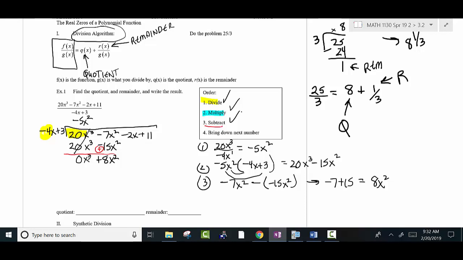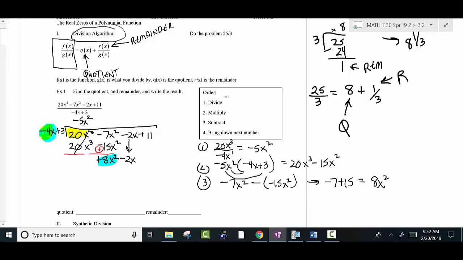Okay, now the last step is your next number, the negative 2x. You bring that down like that, and then you just start all over again. Now I'm going to erase this 0x to the third. I was really just emphasizing that. So next loop you do this. What I'm going to do next is only divide this and this.